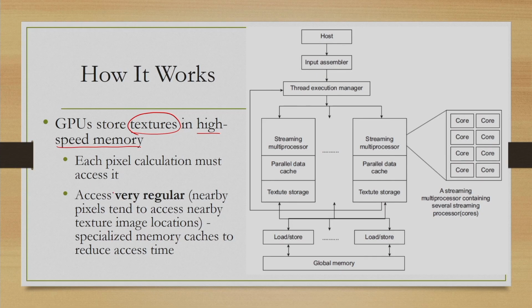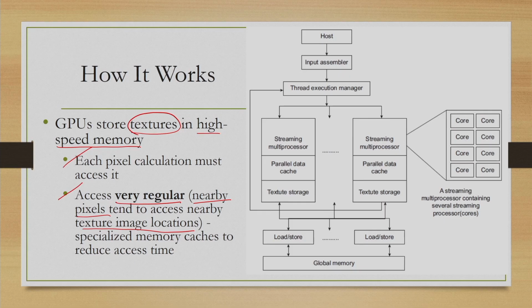Now, this is because, as we said earlier, pixel calculations are very frequent and each pixel calculation must access these texture images. Secondly, the access is usually very regular in nature. That means, nearby pixels tend to access nearby texture image locations.